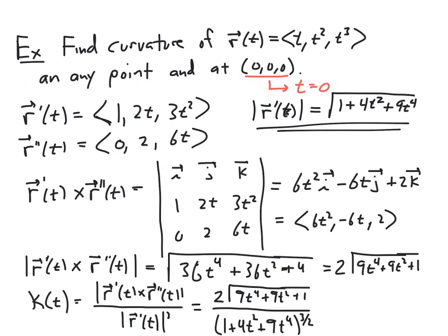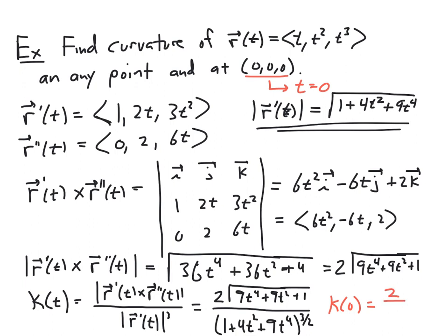And so we wanted to know, in addition to the curvature at any point, the curvature at the point 0, 0, 0, at the origin. And so that's when t is equal to 0. And when t is equal to 0, we just evaluate this function at 0. So we get kappa of 0. In the numerator, we're going to get 2 times 1, which is 2.